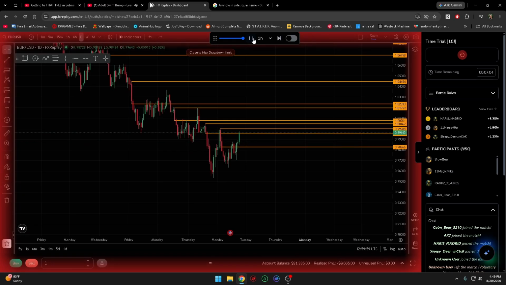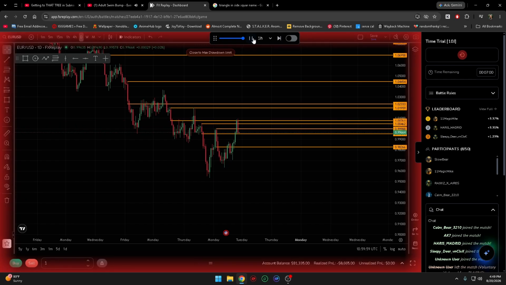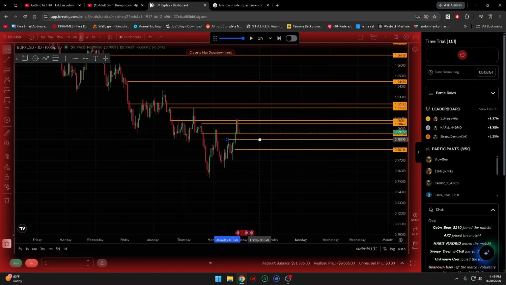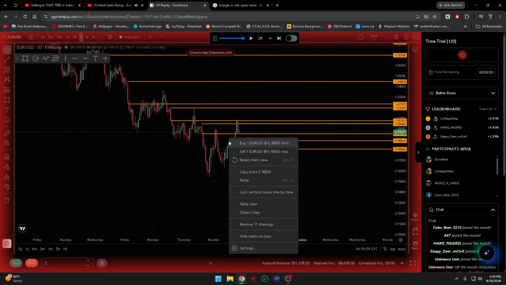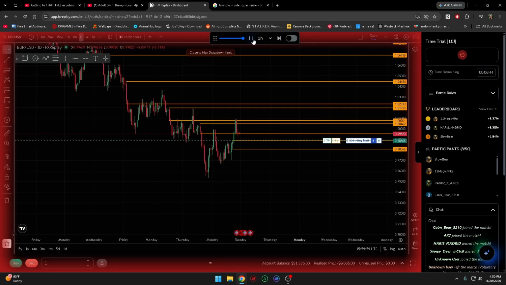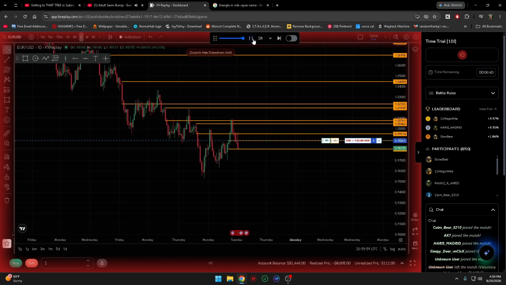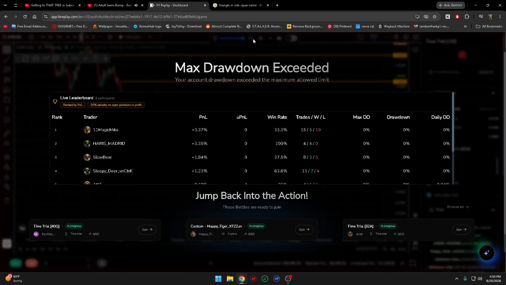Oh. So now we should have this one be the imbalance when price reverses. And if this is so, then I should buy right here. Let's see. Because that'll be the point where price balances itself out at it again. Well, yeah.